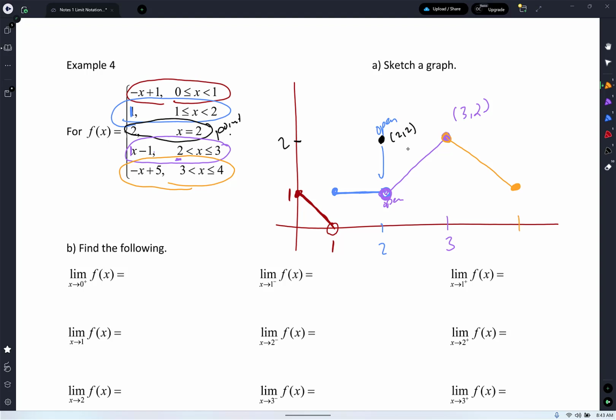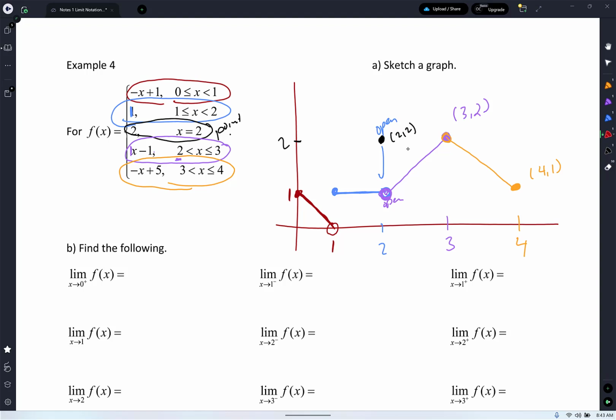And there it is. That point should be (4, 1). And there is your graph. I'm going to go back to my color of red. That's my default color. Are we okay?